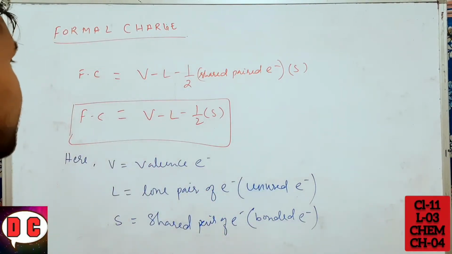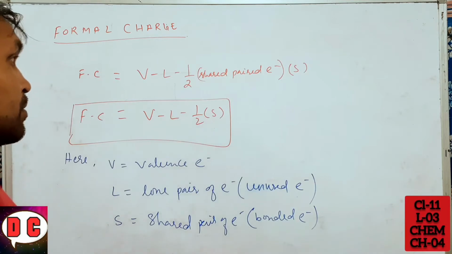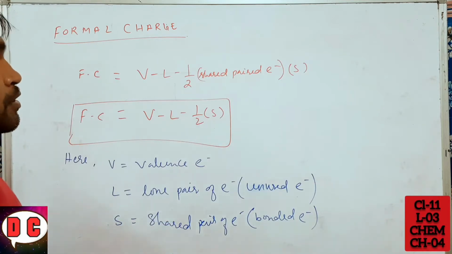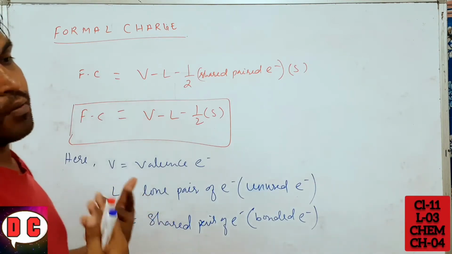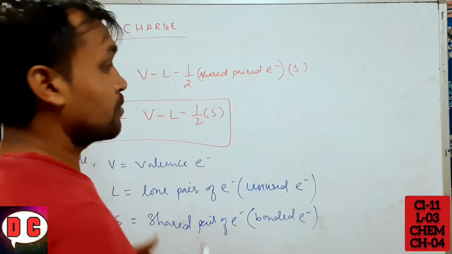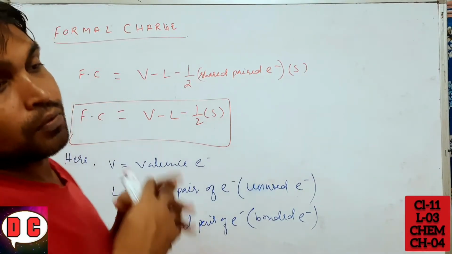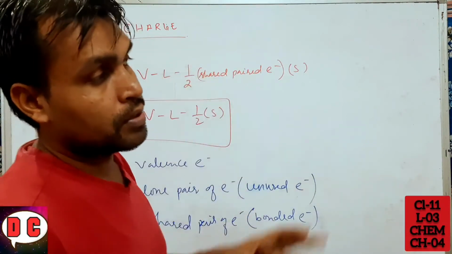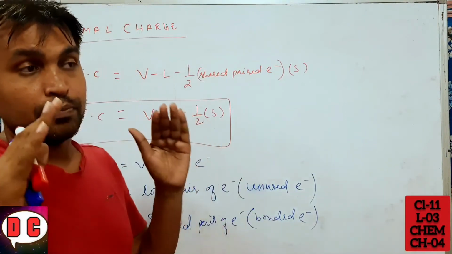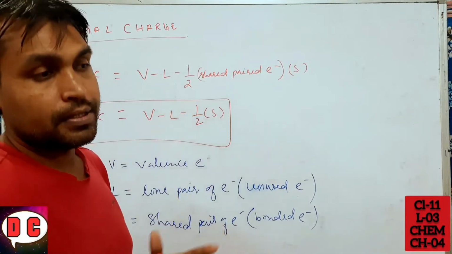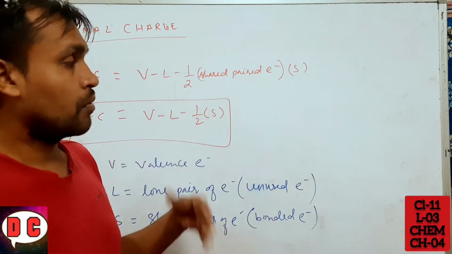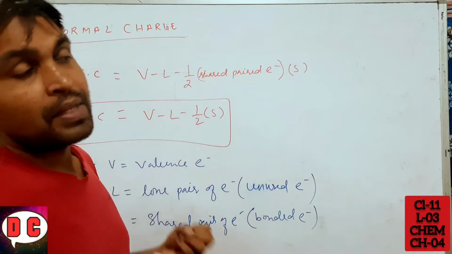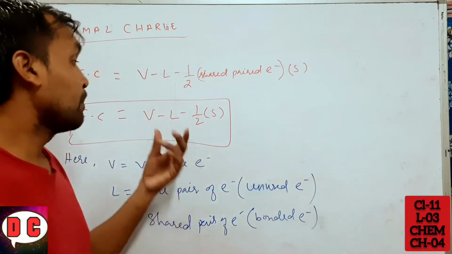So formal charge is basically the difference between the valence electrons, lone pair, and shared pair of electrons. Why do we need to calculate the formal charge? We need to calculate it in order to find out whether the Lewis dot structure which we have drawn is stable or not. If it is unstable, the structure may change. We will know by the formal charge.